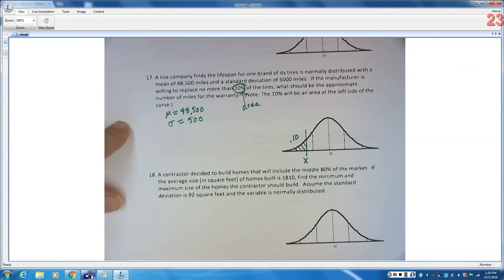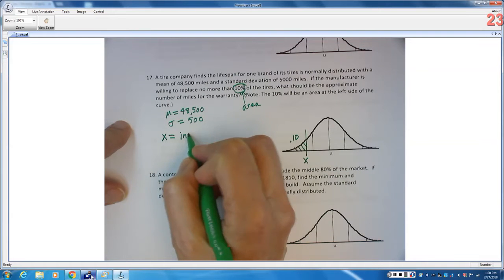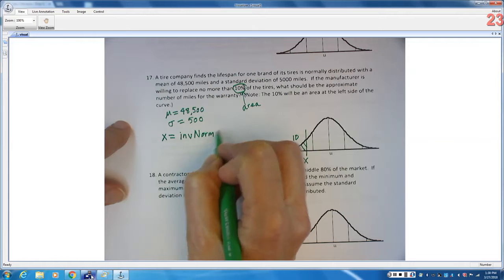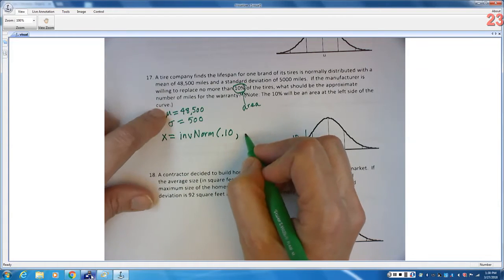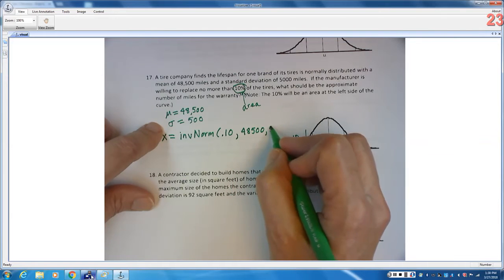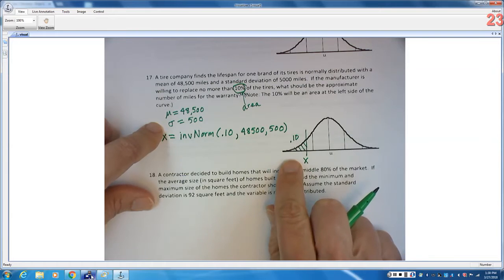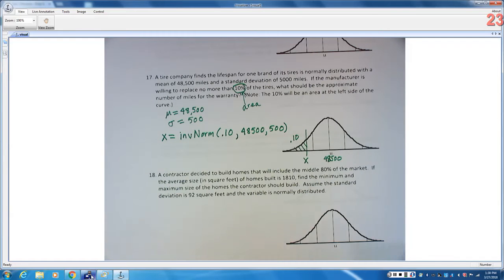I let you use the shortcuts for this. Here we're given an area, we want to find an X. It's X equals inverse norm of the area to the left, which is 0.10, comma, the mean of X, 48,500, and the standard deviation of X. You could put 48,500 here, and add 500 going up, subtract 500 going down, or write it in thousands if you want.